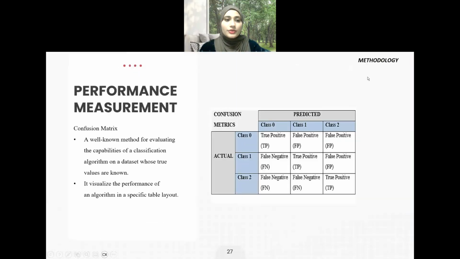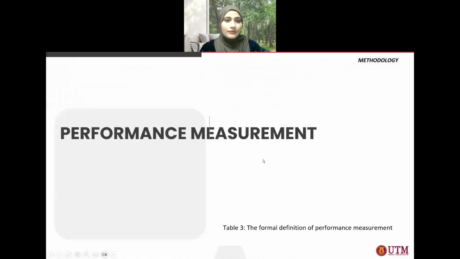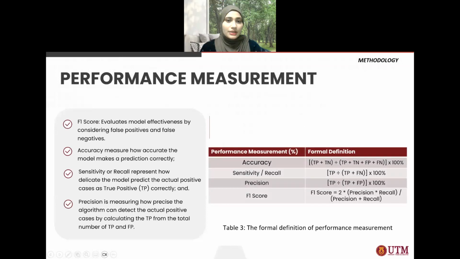For the performance metric, we are going to use the confusion matrix. We have multi-classes, where class 0, 1, and 2 are hemorrhagic, ischemic, and normal. We are going to use the F1 score to evaluate effectiveness and accuracy. We will also conduct validation accuracy.